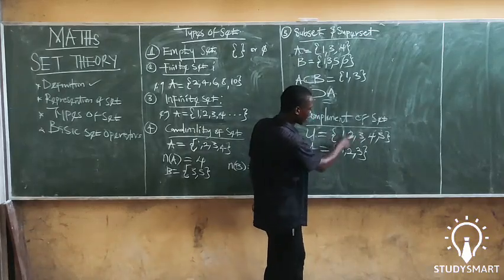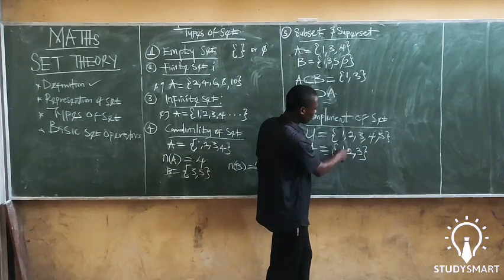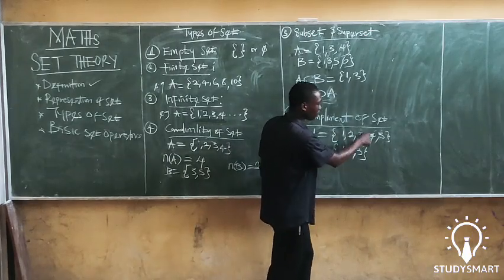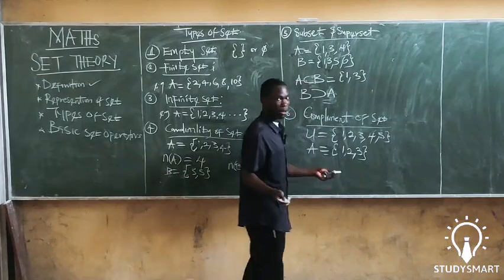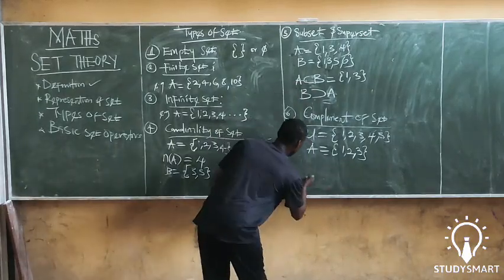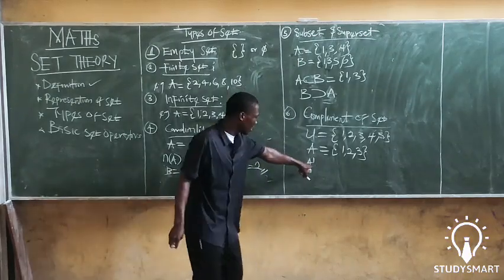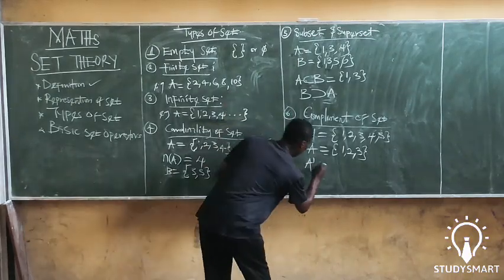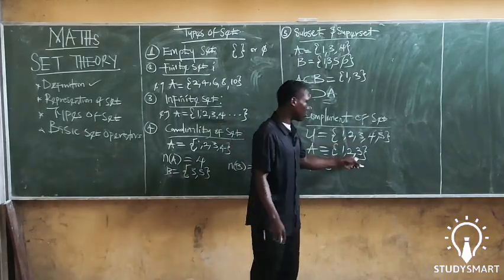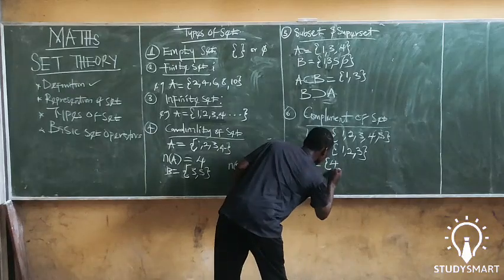In the universal set, 1 is found in A, 2 is found in A, 3 is found in A, but 4 and 5 are not found in A, which automatically means that A complement, which is represented in this format, will be equal to those numbers that are not found in A, which is 4 and 5.